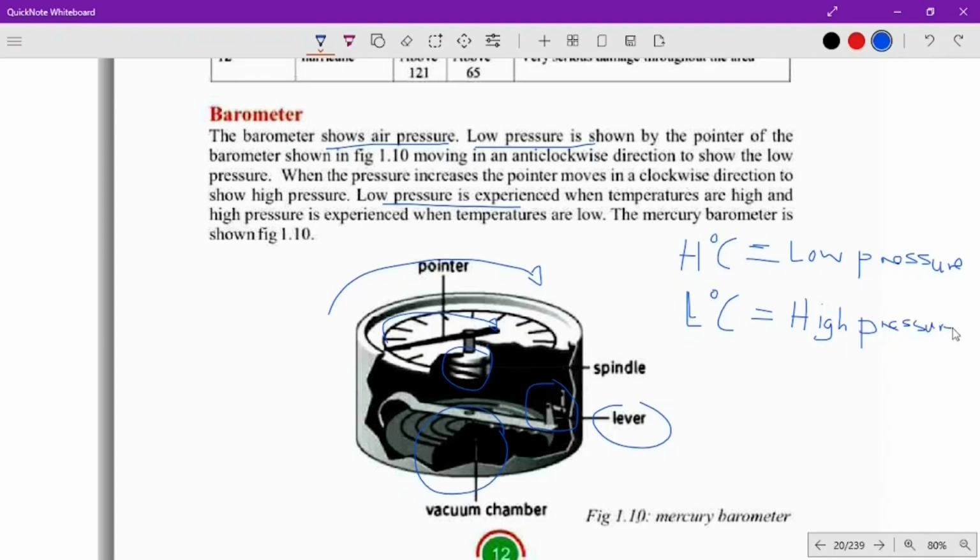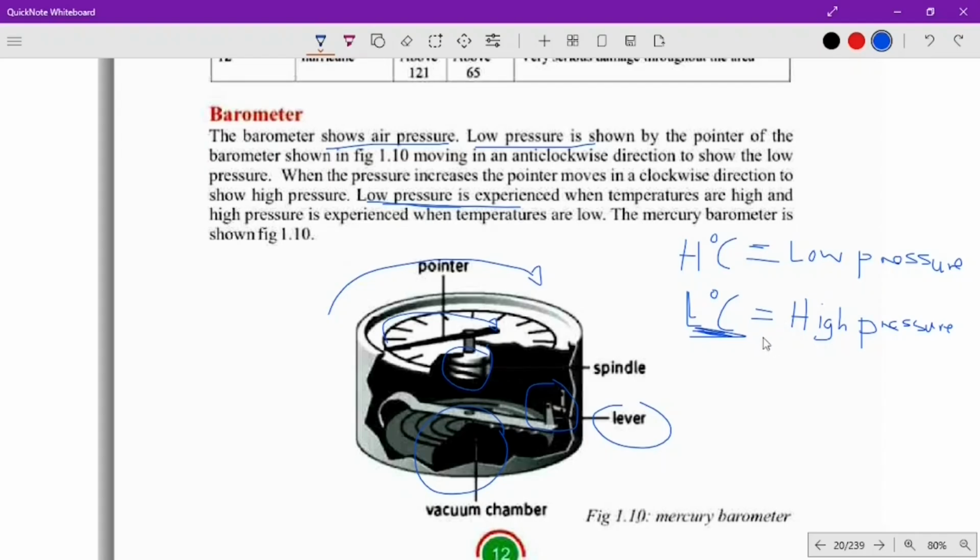So here is the explanation. When there is a low temperature, like in this case, it means the wind or the air is saturated with moisture. The air has got some moisture in it.